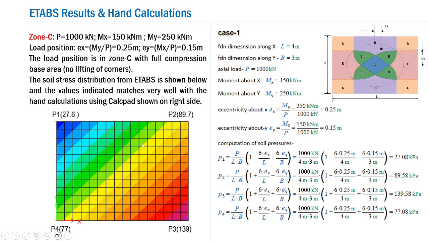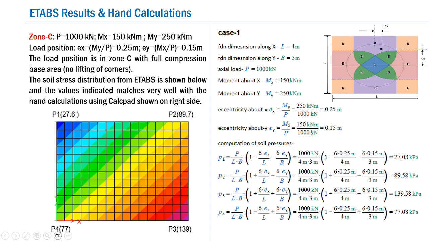Now let us see how these ETABS results match with the hand calculations. On the right side you can see I made some hand calculations using the CalcPad software, and the values are inputted here: L equal to 4 meters, B equal to 3 meters, and the values of P, Mx and My.